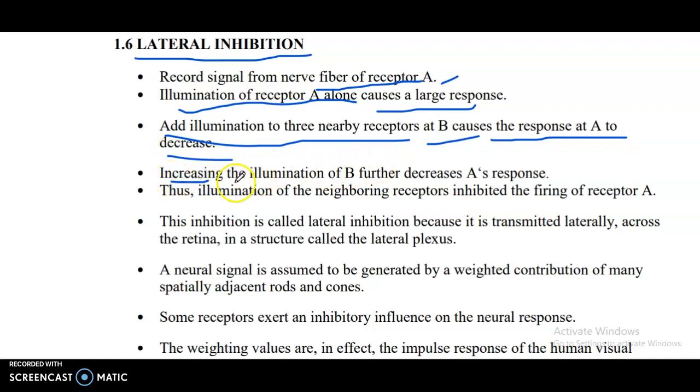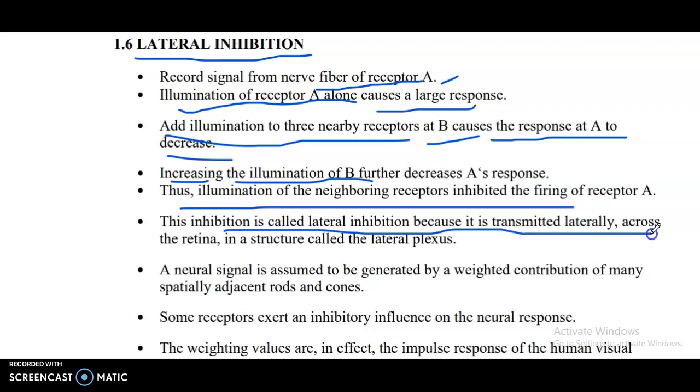Increasing the illumination of B further decreases A's response. Thus, illumination of the neighboring receptors inhibits the firing of receptor A. The inhibition is called lateral inhibition because it is transmitted laterally across the retina in a structure called the lateral plexus.